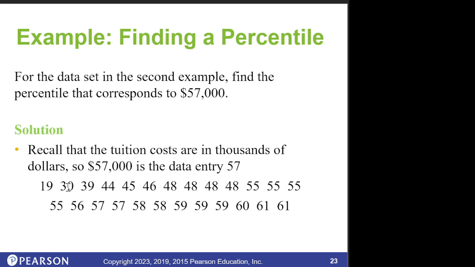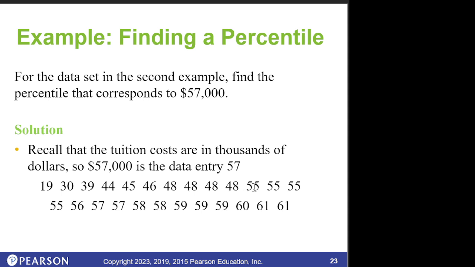What we're going to do is we have 1, 2, 3, 4, 5, 6, 7, 8, 9, 10, 11, 12, 13, 14, 15, 16, 17, 18, 19, 20, 21, 22, 23, 24, 25 pieces of data. And so when we want to find the percentile that corresponds with a particular number, what we need to do is figure out how many data entries are less than 57, and then divide it by the total number of entries.